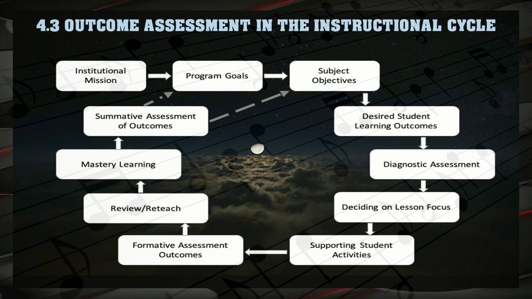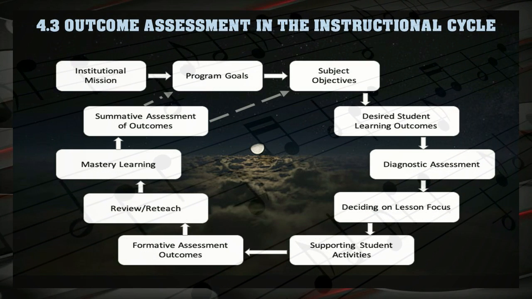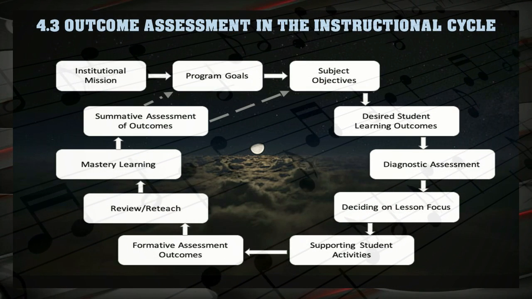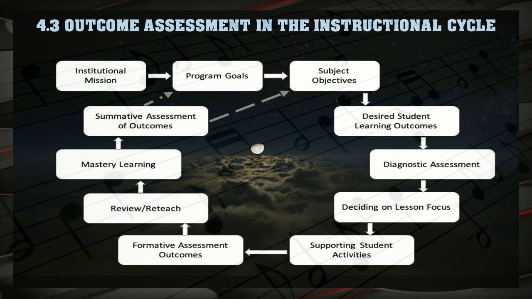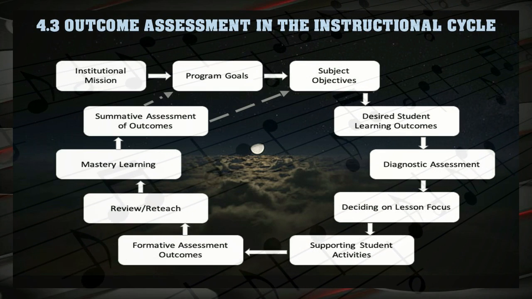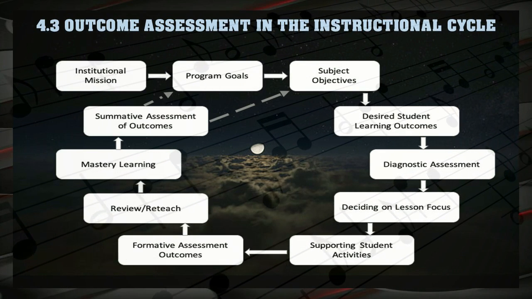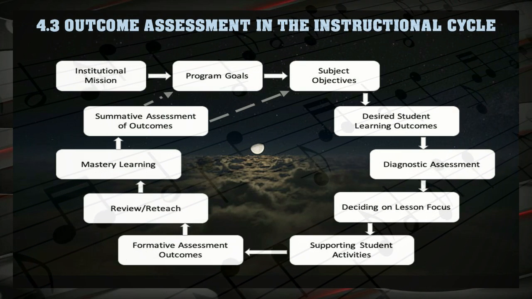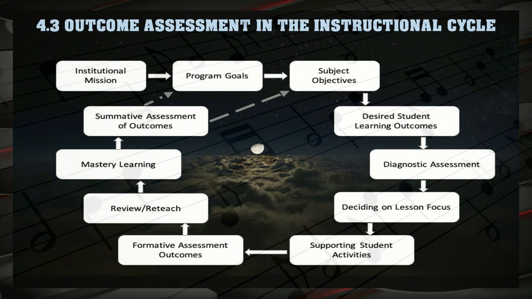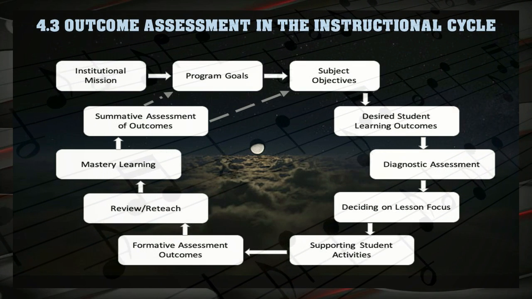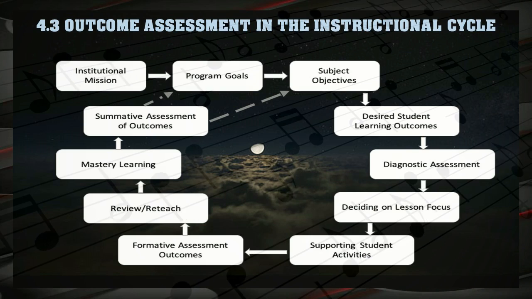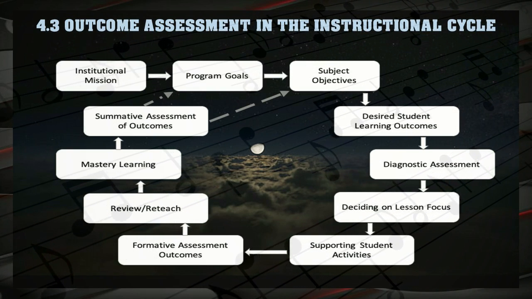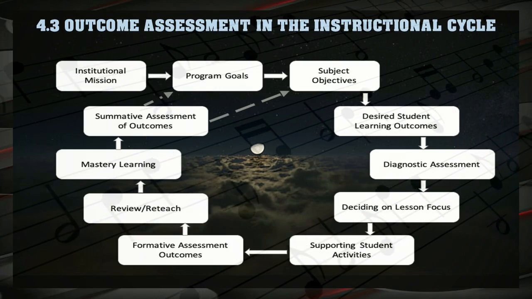It starts with institutional mission, followed by program goals, subject objectives, desired student learning outcomes, diagnostic assessment, deciding on lesson focus, supporting student activities, formative assessment outcomes, review and reteach, mastery learning, and summative assessment of outcomes. Each one of these will be explained on the next slide.